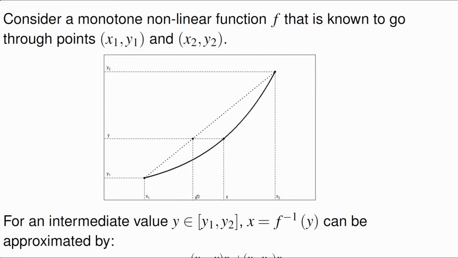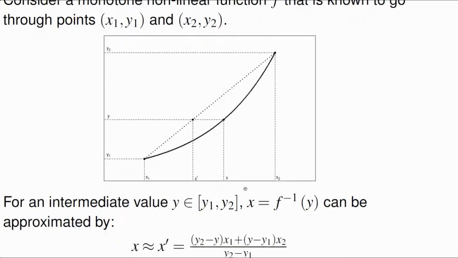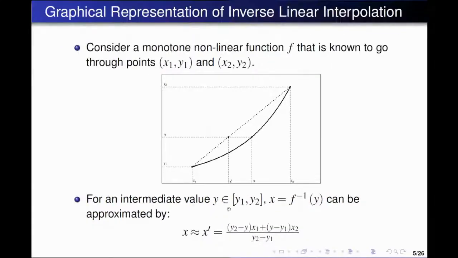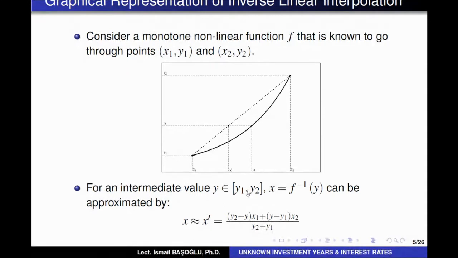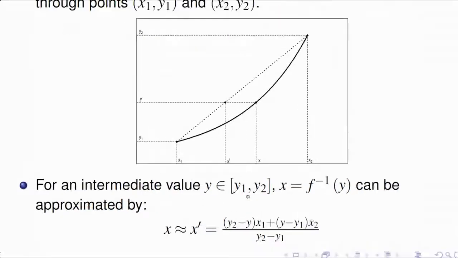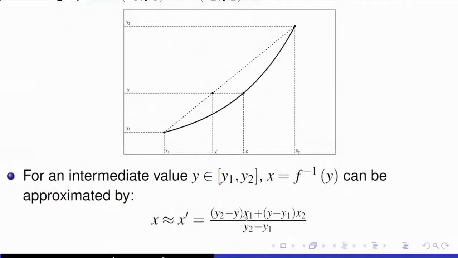And how do we determine that x prime value? So here you can see it. We are looking for the input x value for which the inverse of f at y is equal to that value. However, that is just going to be approximated linearly by this function.